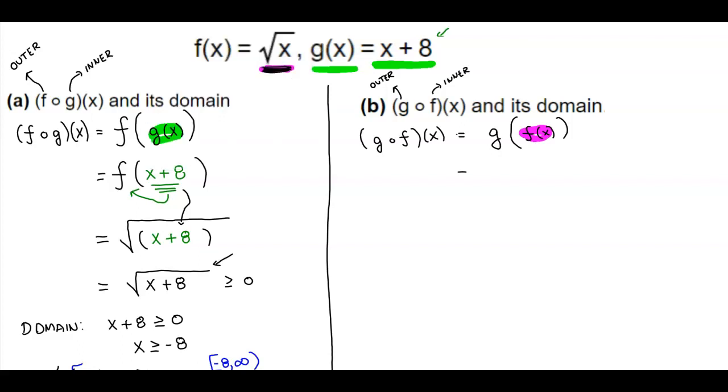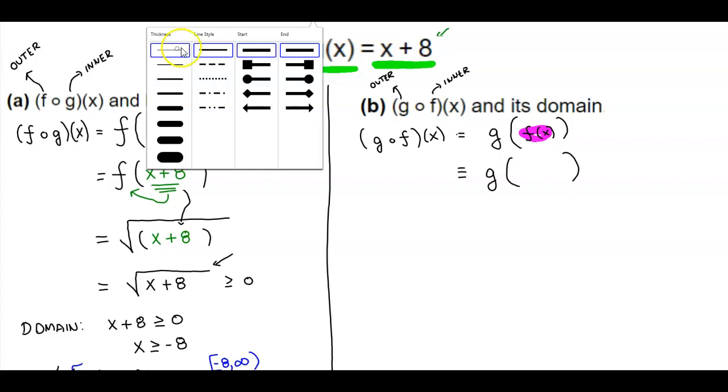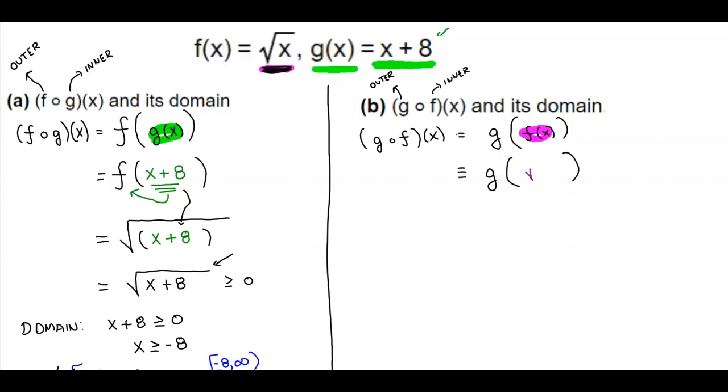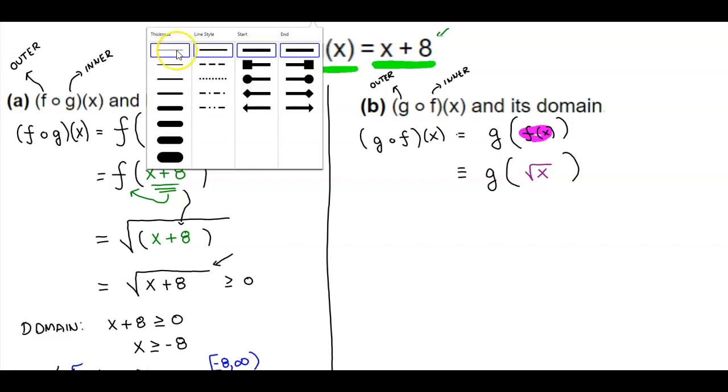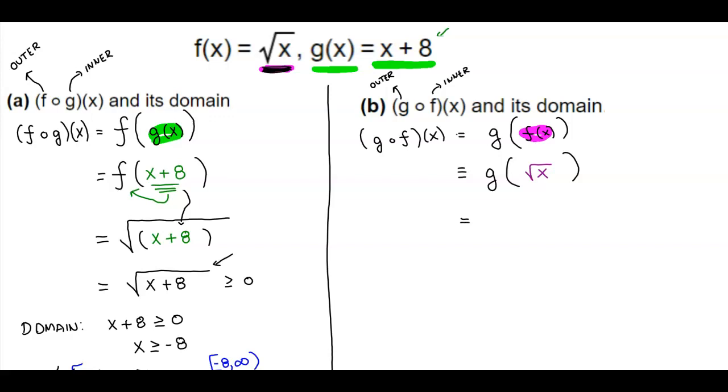So we have g of, again, what is f of x? We know that is the square root of x. And so what that means is now we need to set that equal to the following. We know that g of x is x plus 8, right? So we're going to put parentheses around that x because this is the input, and then we're going to add 8.